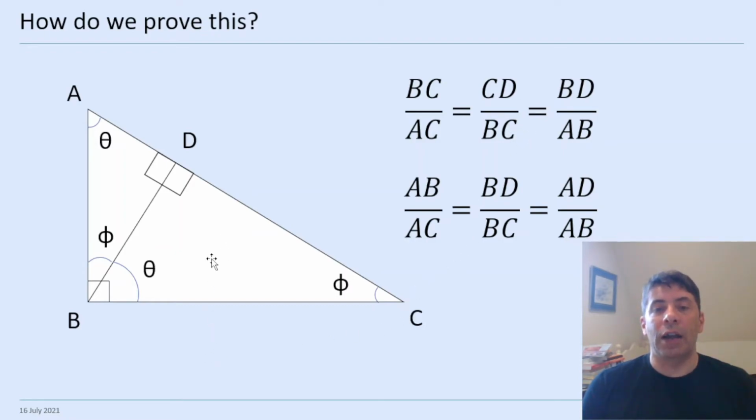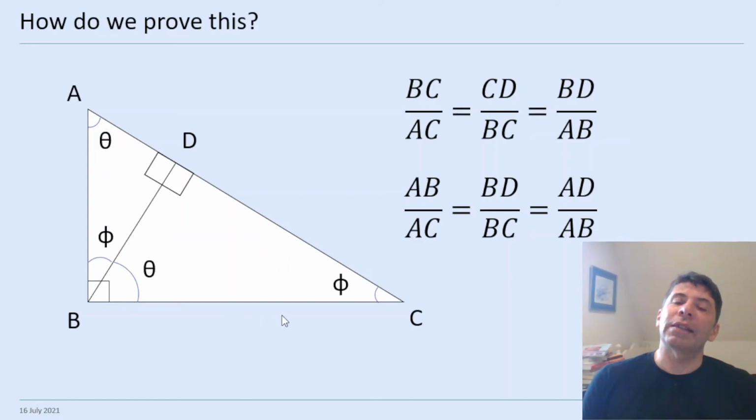For the triangle BCD, we take the side opposite theta, which is CD, and divide by the hypotenuse, BC. And for the smaller triangle, we take the side opposite theta, which is BD, and divide by the hypotenuse, which is AB. So BC over AC equals CD over BC equals BD over AB. And actually they all equal, as it happens, sine theta.